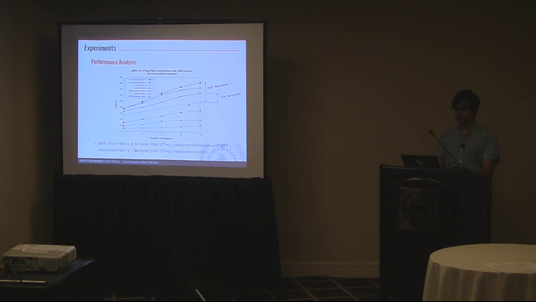And then this is the baseline, that is LTTng without any filter. That's what I considered as the baseline. And these are for false filters. The false filters are going to give you the true cost of the interpreter run, because the filters are going to be false, so there is no tracepoint cost. So I found out that it was approximately 3.1x faster than LTTng's interpreted bytecode.